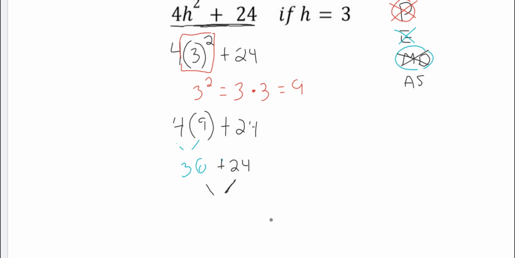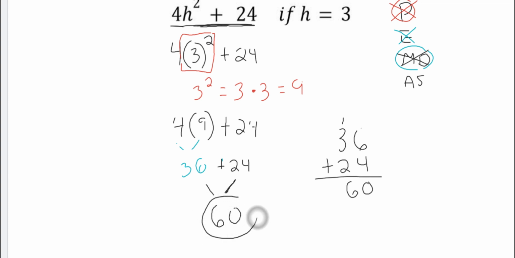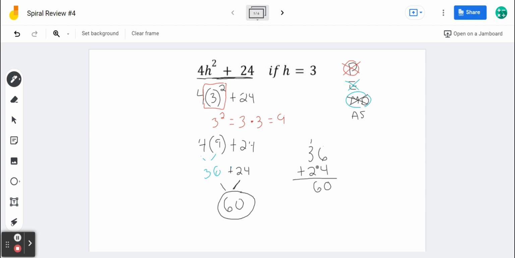What's 36 plus 24? 4 plus 6 is 10. 2 plus 3 is 5. Plus 1 is 6, so 60. And that's my final answer. Remember, we circle our final answer. And we have finished the substitution of h equals 3 here. So this problem is done.